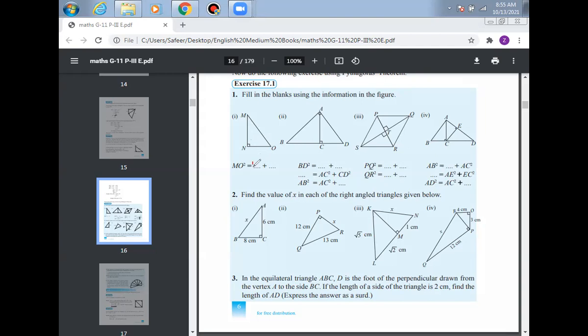So we can write MN squared, one side is MN, plus the other side is NO squared. MN squared plus NO squared.